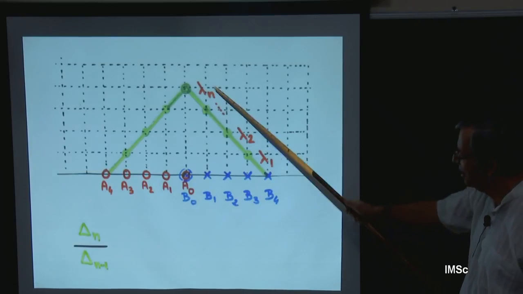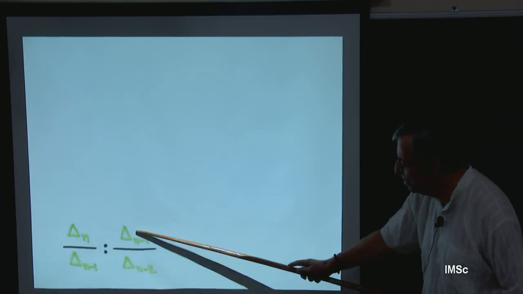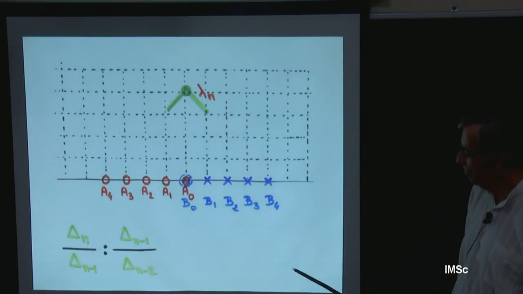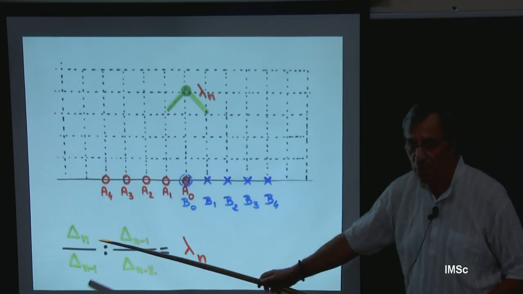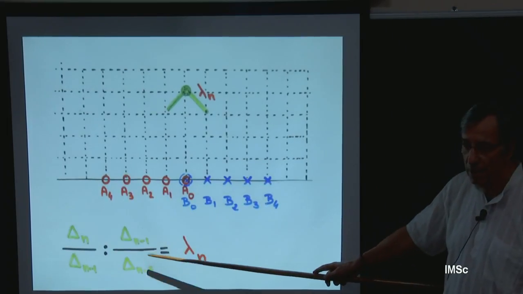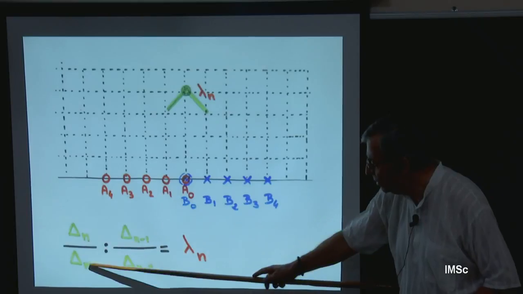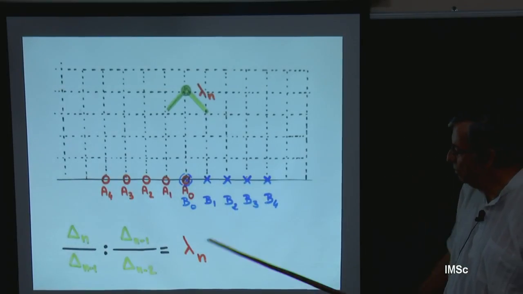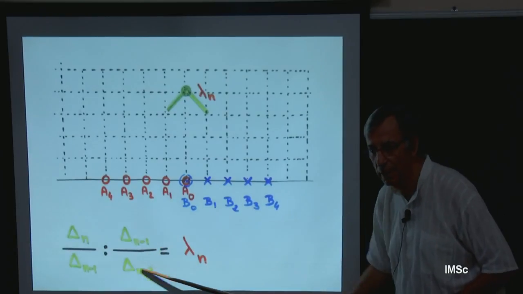Now I divide this by the same shifted by 1, and I get this. And this is a very classical formula: lambda n is the ratio of this ratio divided by the same shifted by 1. So it involves a product of two Hankel determinants divided by a Hankel determinant.